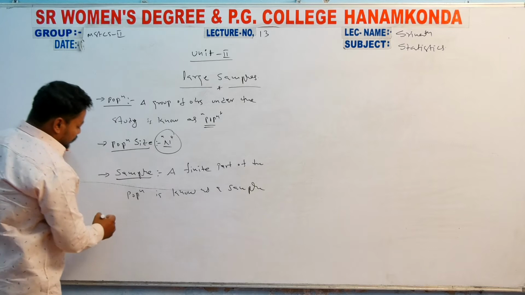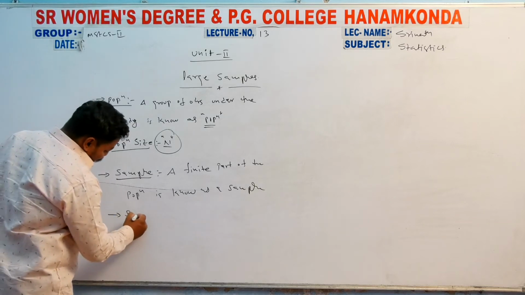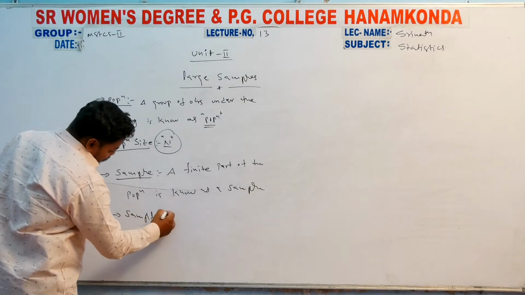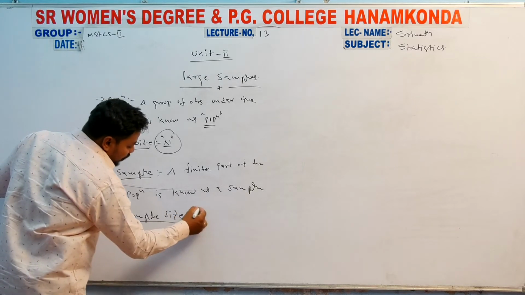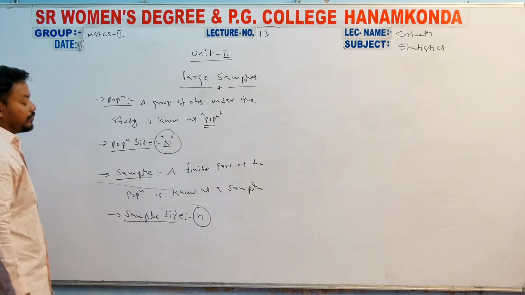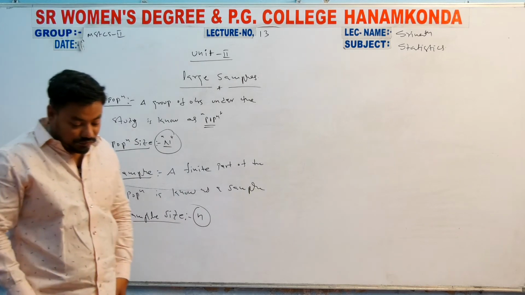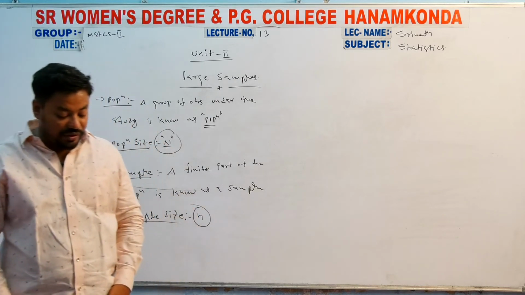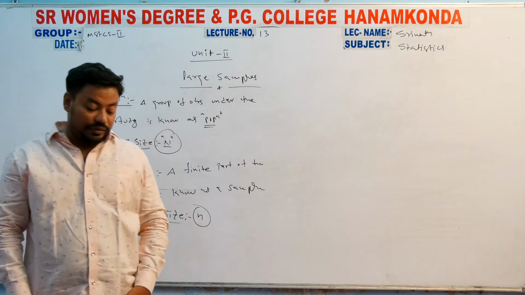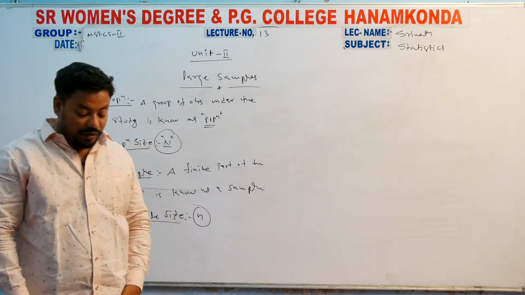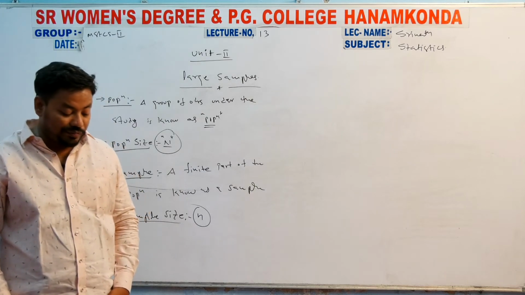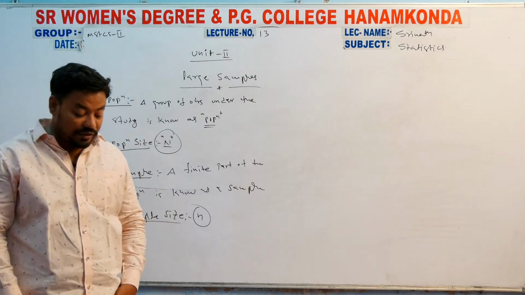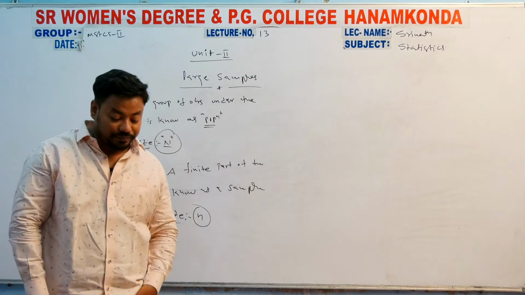And sample size, sample size small n తో ఇండికేట్ చేస్తాం. The number of individuals in a sample is known as the sample size, denoted by small n.